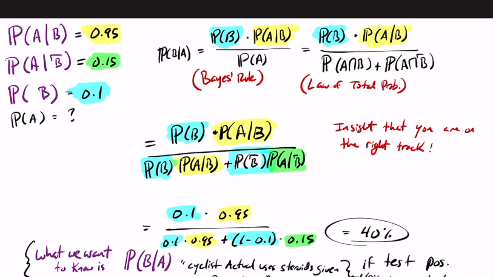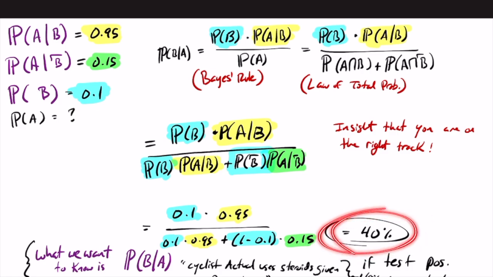And the reason why that's true is because of this right here. The probability of using steroids is already very low, 0.1. If this was high, like 0.6 or 0.5 or 0.8, then this number here would really change a lot.